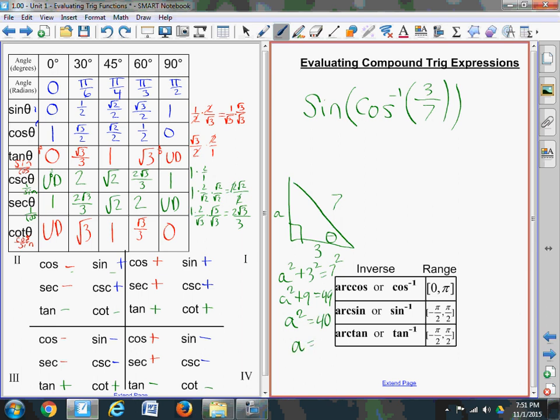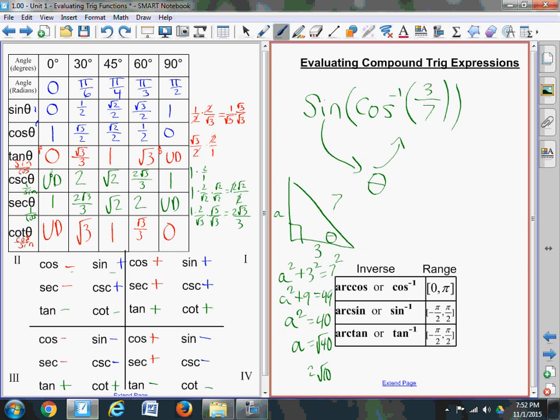A is the square root of 40, which you could say is 2 root 10. Then the inverse cosine usually gives me an angle, which we're just calling theta. So really I just want sine of theta, the sine that's in this triangle.